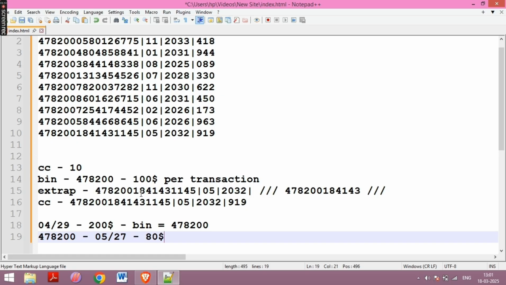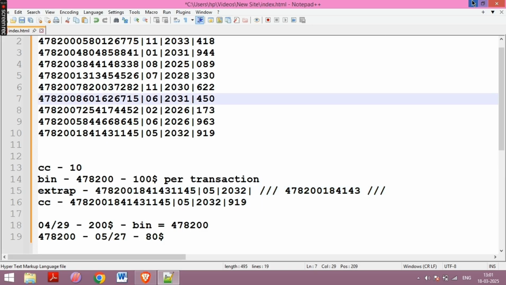So extrap matters and BIN also matters in carding. A scammer always tries to find new BINs and extraps because old ones got patched. And what is the meaning of BIN patching? You will get to know after some minutes.